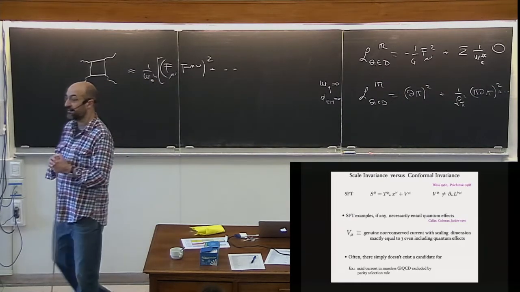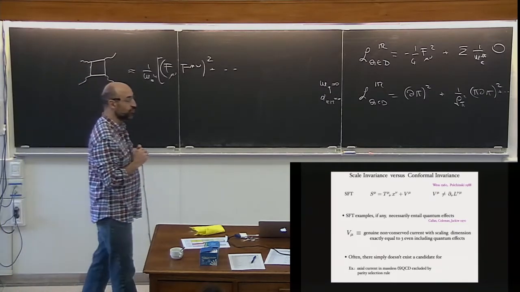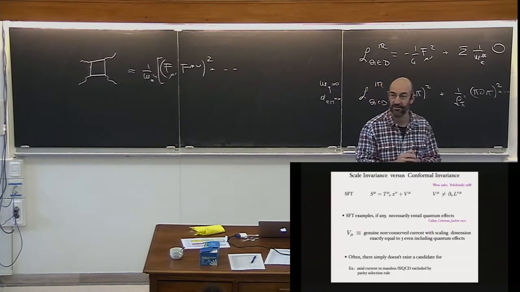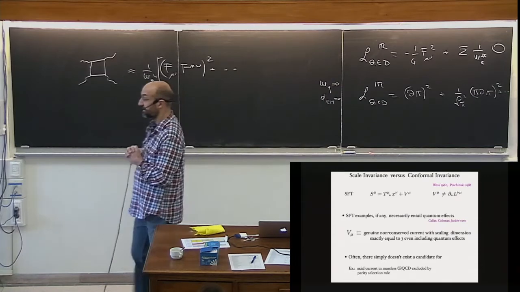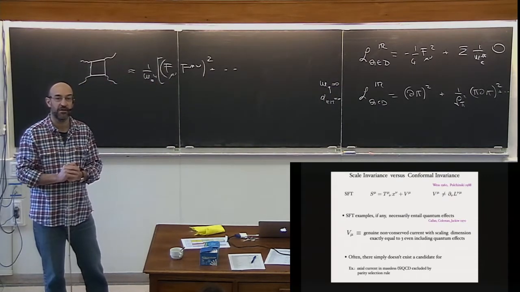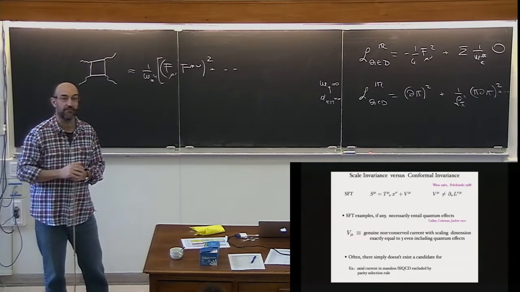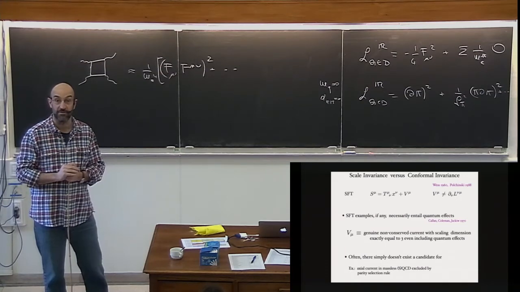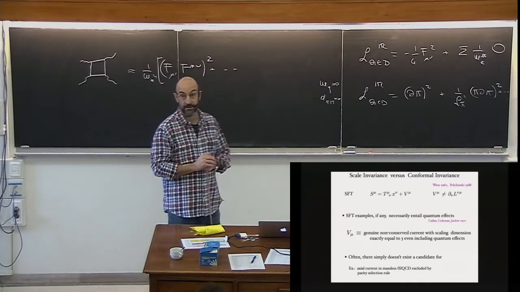Now, if there is a separation of scale between the standard model and whatever new domain of physics exists in the UV, maybe gravity, maybe anything you want, then it's a fair question to ask what are the possibilities. One question is, is it possible that the approximate fixed point that describes the standard model in the far UV is scale invariant, approximately scale invariant, but not conformal invariant, perhaps strongly coupled scale invariant, but not conformal invariant?